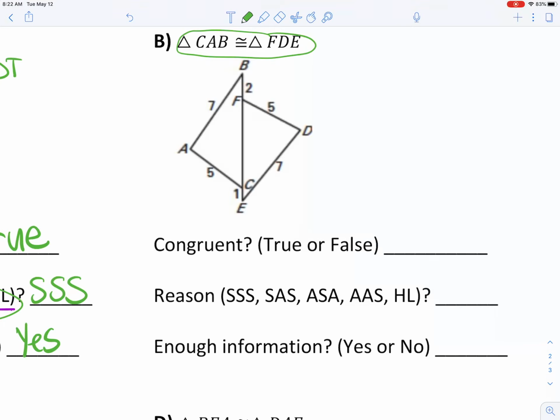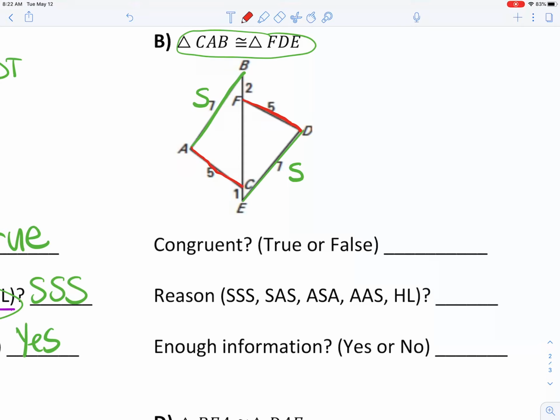Okay, so I need to prove this statement is true or false. Okay, so I'm going to take a look here. This one is marked with numbers, so it's telling me that side CD is 7 and side AB is 7. That's a side. I'm going to mark that as a side.